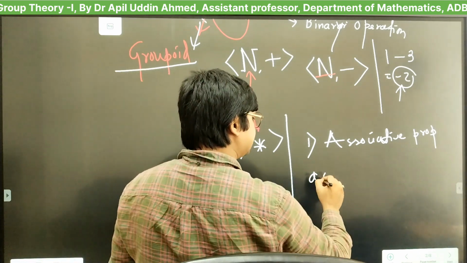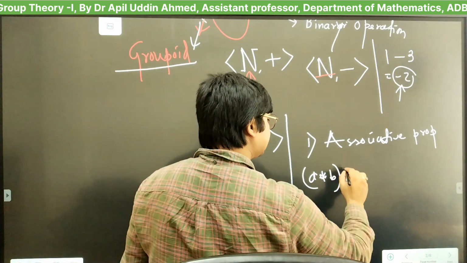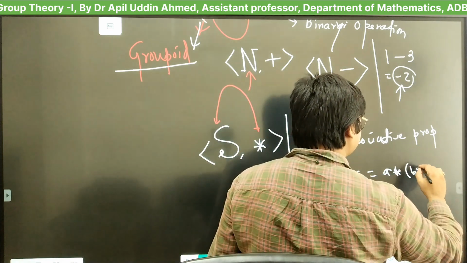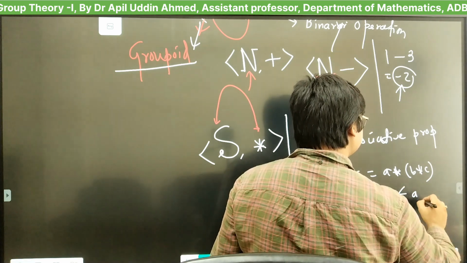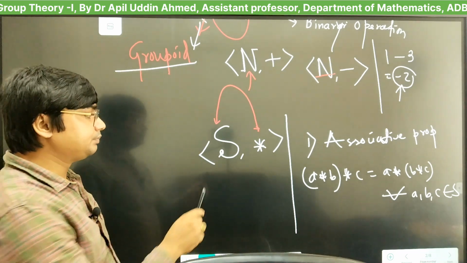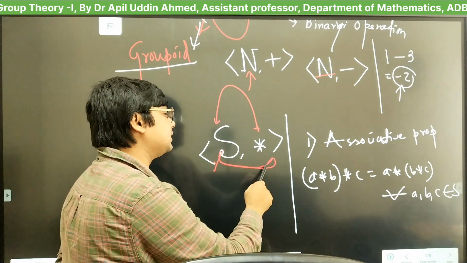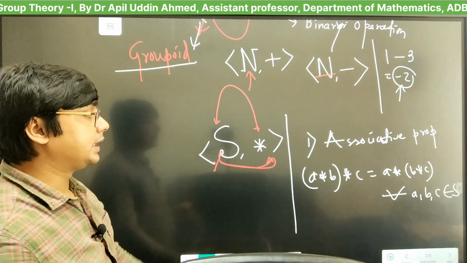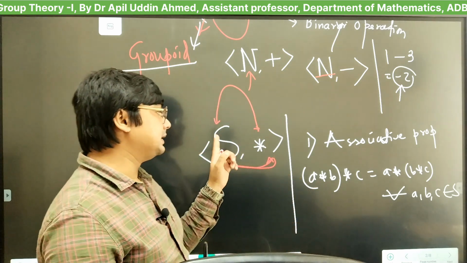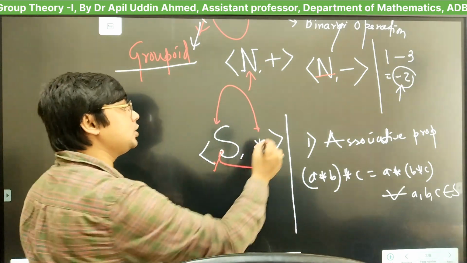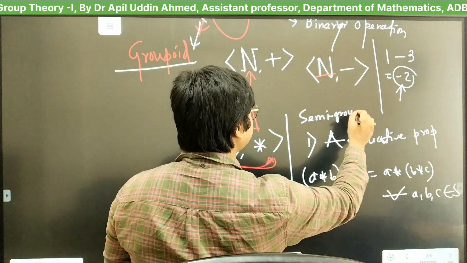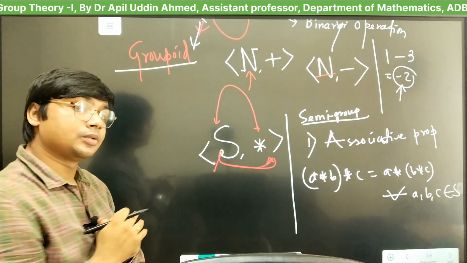That means a star (b star c) equals (a star b) star c for all a, b and c belonging to S. If we consider a non-empty set together with a binary operation and it satisfies this associative property, then this S is called a semigroup.